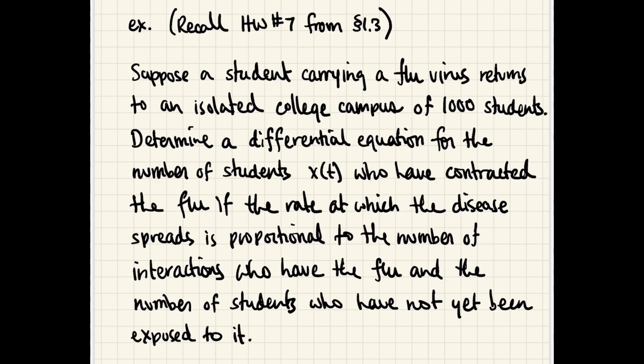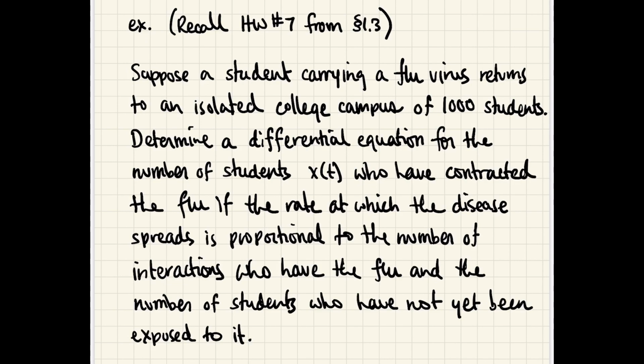And it's jointly proportional to the number of students who have the flu and the number of students who have not yet been exposed to it. So let's assume that the student coming in is the only one with the flu at the start.